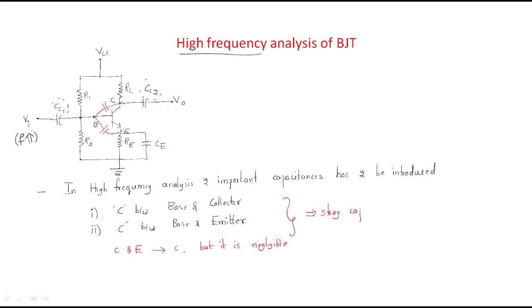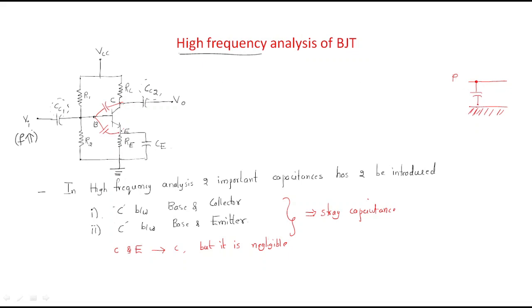What is stray capacitance? For example, if we have a conductor, such as a phase conductor of a transmission line, and the ground is at zero potential, then a capacitance will be formed. This is called stray capacitance.